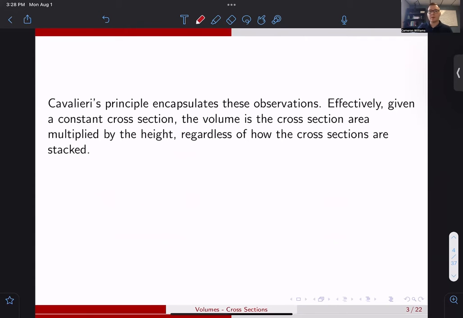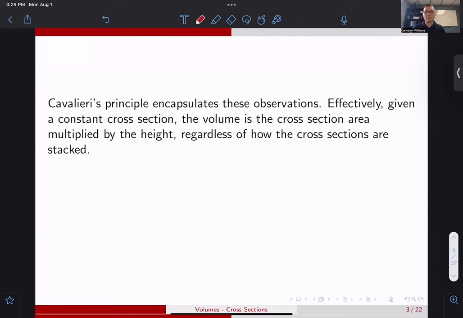Effectively, what Cavalieri's principle says is, given a constant cross-section, the volume of that solid is the cross-section area times height. So there's two components to this. It has to have a constant cross-section. This means that the cross-section shape is the same all throughout. So it's all circles, it's all squares. It can't start as a circle, end up as a square, for instance.